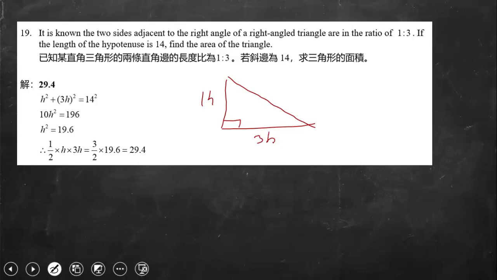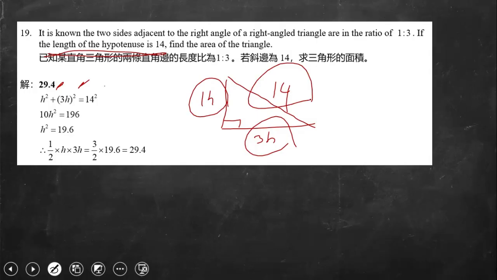So using the Pythagorean theorem, wait, there's also a length of the hypotenuse. Okay, I forgot to write. So using the Pythagorean theorem, we square this side, square the other side, and it's equal to the square of the hypotenuse.